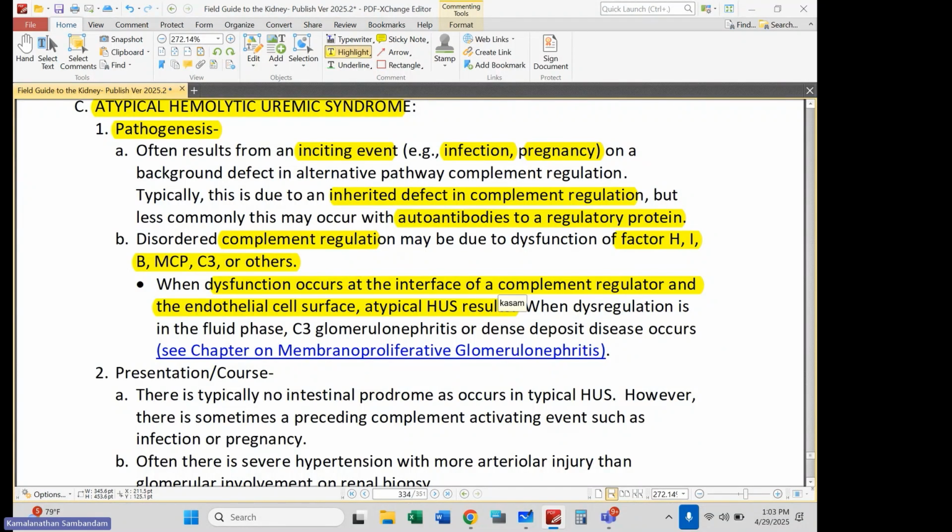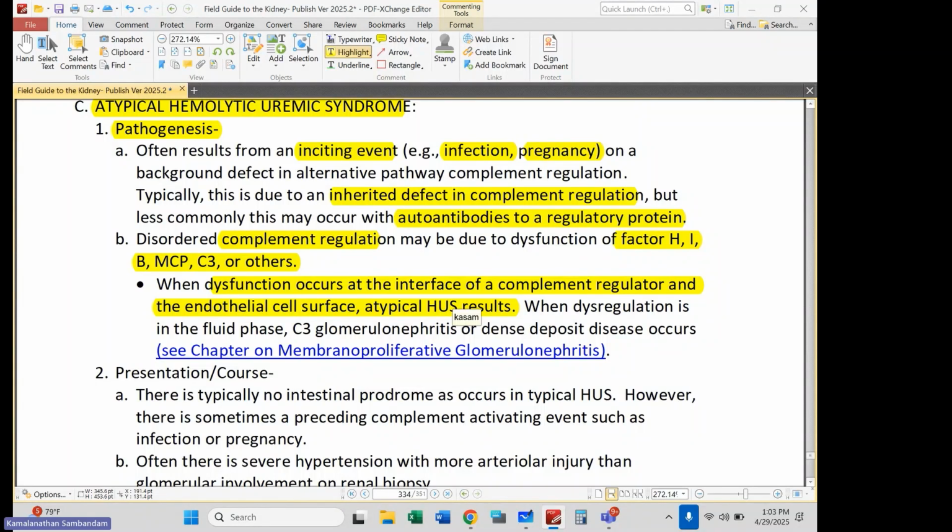So you regulate complement locally at the cell surface, and you also regulate complement in circulation in so-called fluid phase. When you have disordered regulation at the cell surface, that's when this primary event of endothelial dysfunction can occur and then activate platelets and result in HUS.